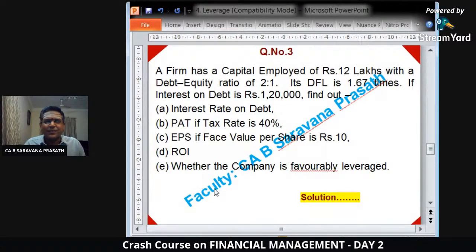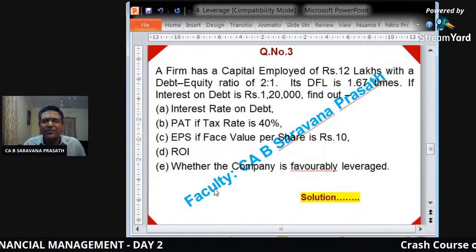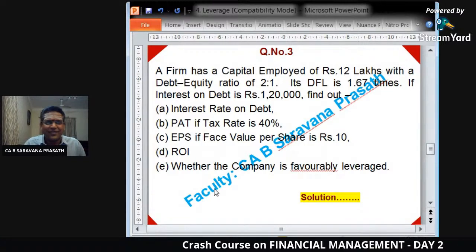Yes, as responded by students here, the percentage is equivalent to 15% interest rate.